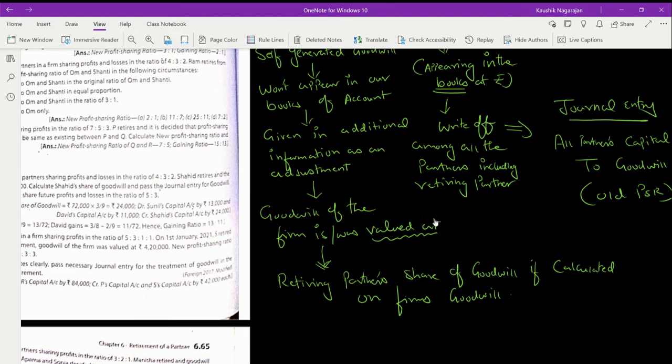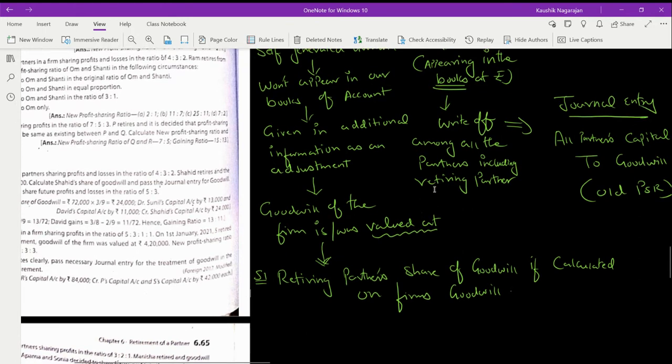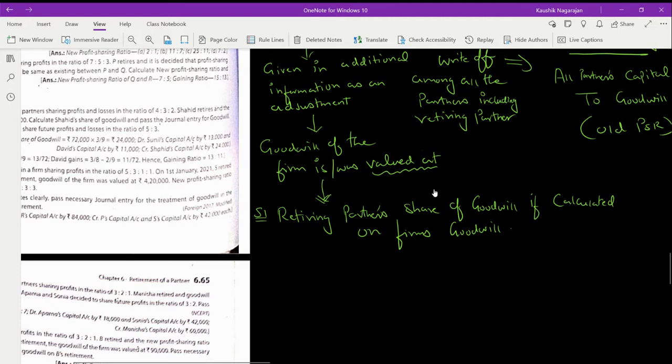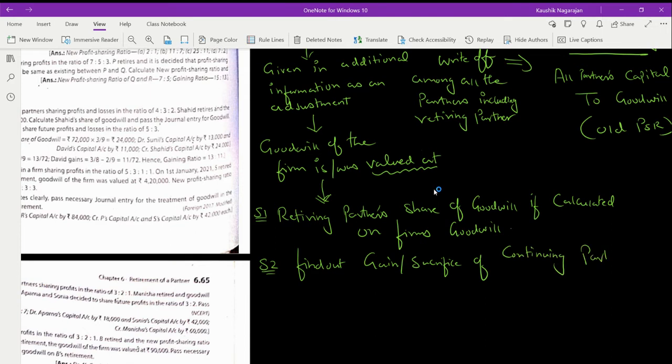And once we have found the retiring partner's share of goodwill, this is the first step, and then you have to find out the gain or sacrifice. So step 2 is to find out the gain or sacrifice of the continuing partner.